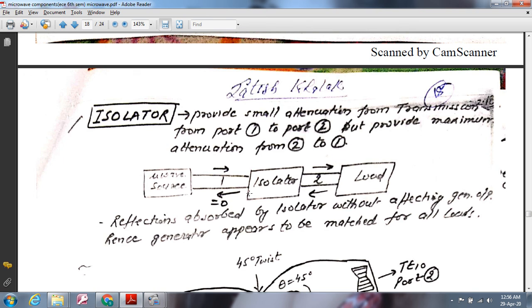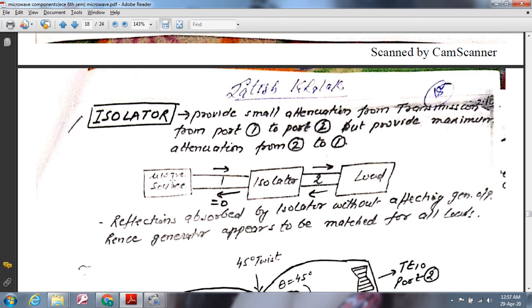This requirement is very desirable when we want to match a source with a variable load. As we see from this isolator, which is a ferrite device, this is a two port device. At port number 1 we are connecting the microwave source, and at port number 2 we are connecting the load.